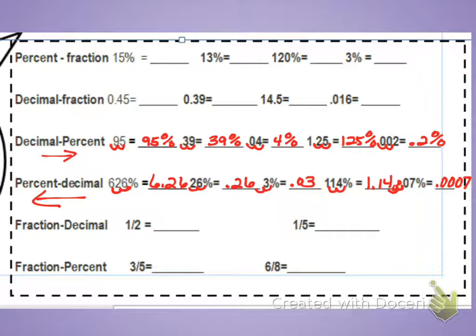Going from a fraction to a decimal, we're always dividing the bottom into the top. So go ahead and punch it in your calculator and make sure you understand. 1 divided by 2. That's it. And we get 0.5.